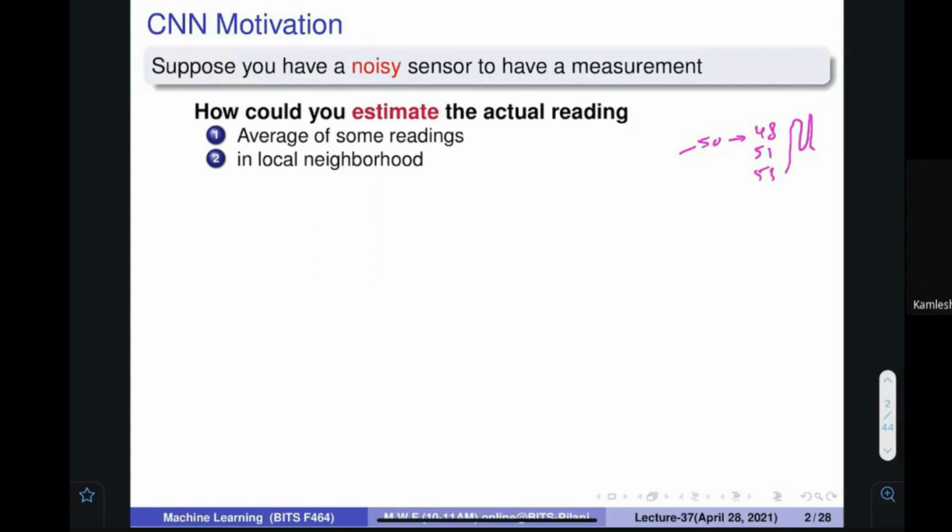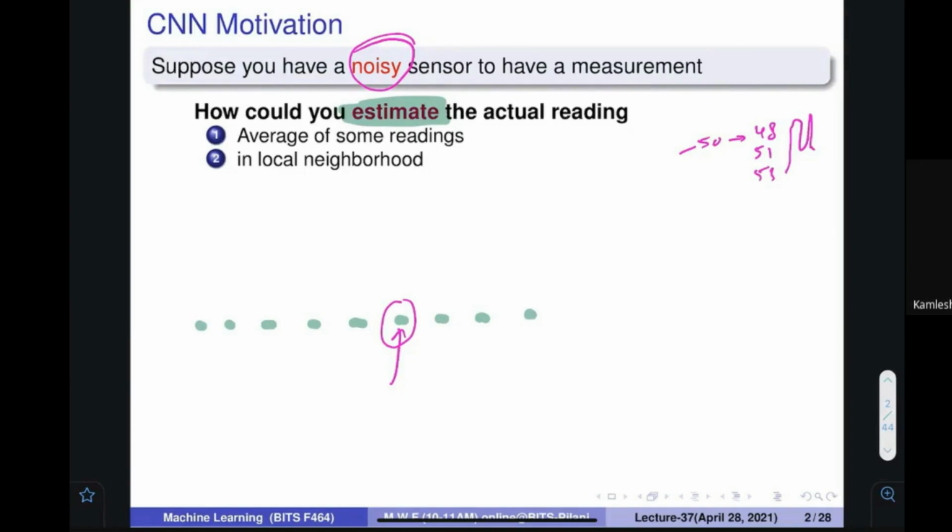Let's assume that there is a noisy sensor that you have, and you want to estimate what the actual value is at a particular time. So various values are, let's assume, given to you, and at a particular moment of time you want to understand the actual value, because you cannot directly rely on the sensor data, as you are aware that there is some kind of noise.